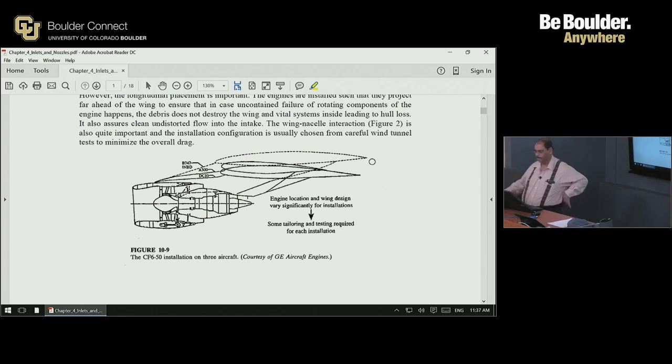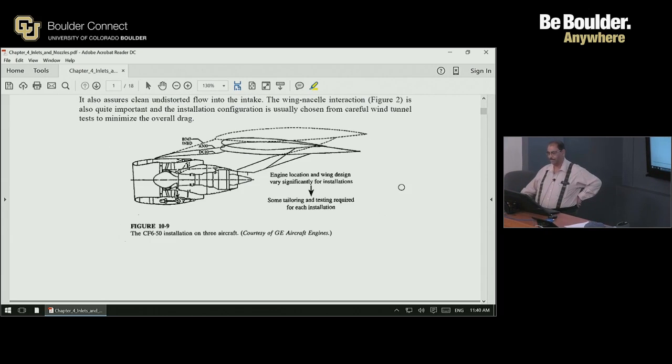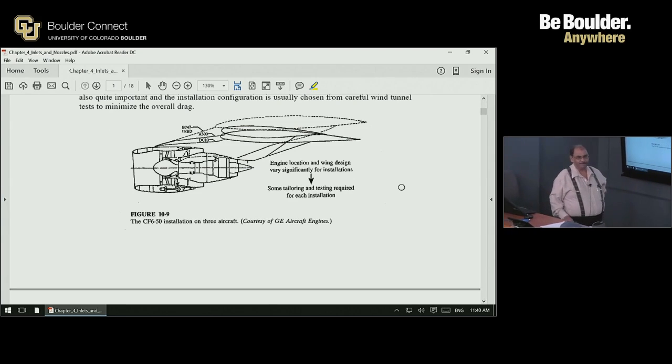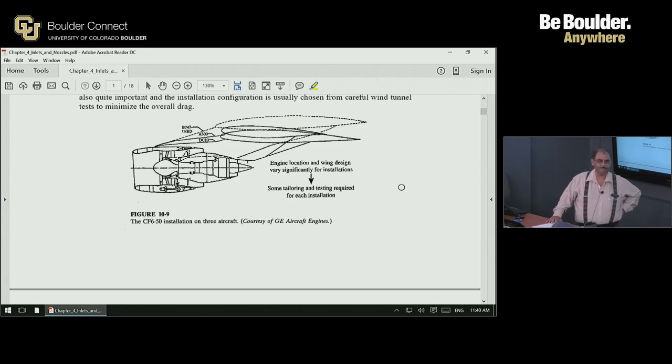So noise shielding by the wing is an additional factor that favors above the wing installations. But so far, we haven't seen over the wing installations for the usual 100 plus passenger aircraft.